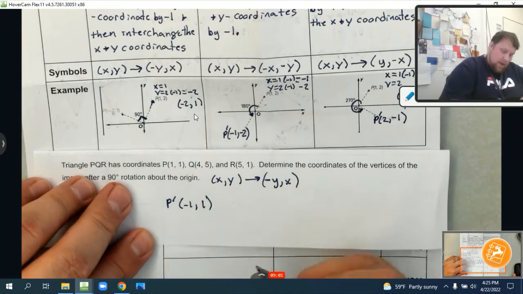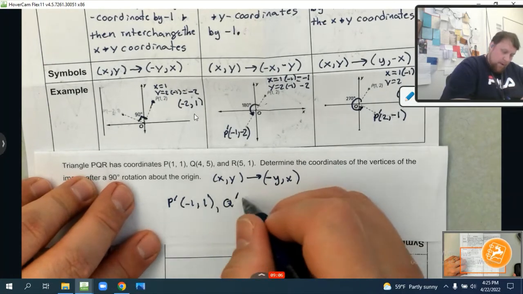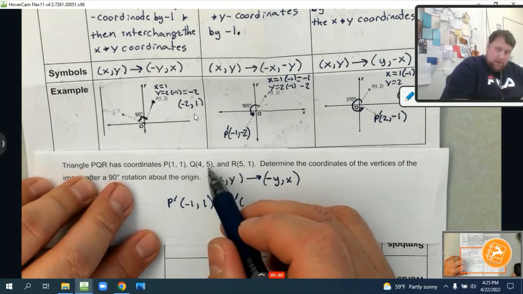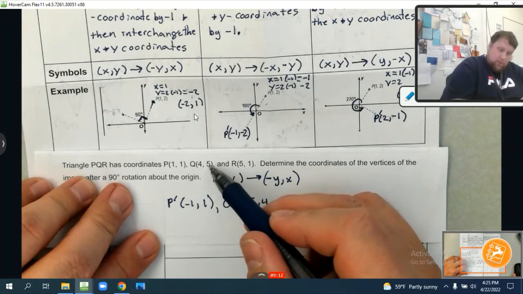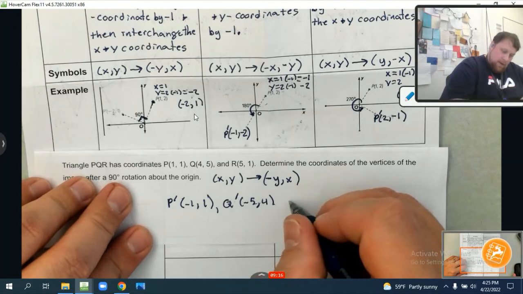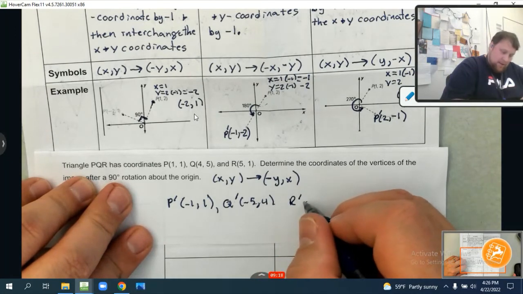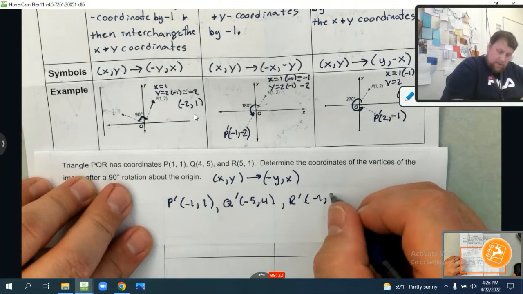That's (-y, x). My new Q' point is going to be, let's see, (-y, x), so (-5, 4). See how I just made the y value negative and interchanged the values? And my new R', it's really this easy, is going to be (-1, 5).